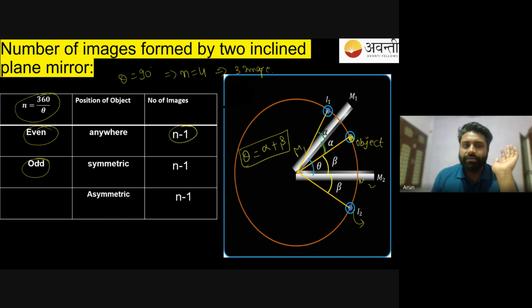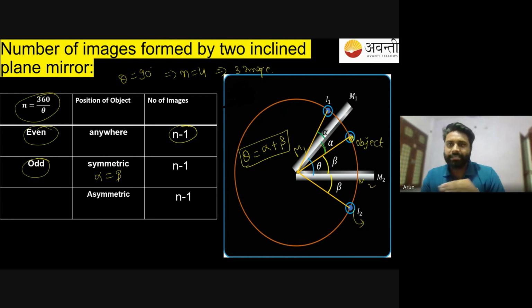But when n is odd, then alpha and beta come into the picture. So for symmetric position, alpha must be equal to beta. Means जो object है वो mirror के एंगल बाइसेक्टर पे होना चाहिए. Okay, जो एंगल को इक्वली बाइसेक्ट कर रहा है उस पोजीशन पे ऑब्जेक्ट मस्ट बी सिचुएटेड देयर. Now for the asymmetric one, this is not n minus 1, this is n.